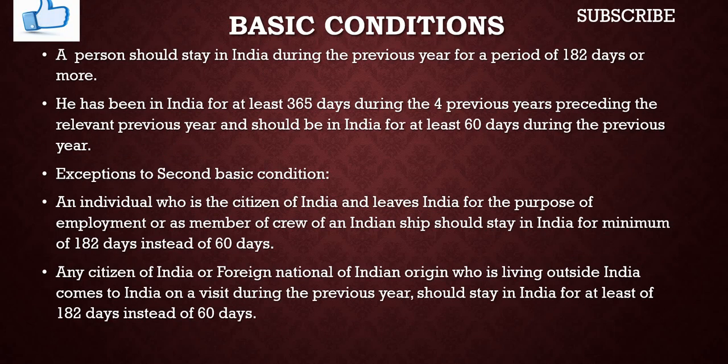Now, there are separate rules for determining the residential status of an individual, Hindu undivided family, partnership firm, association of persons, and company here. Such conditions may be broadly classified into two categories, that is basic conditions and additional conditions.